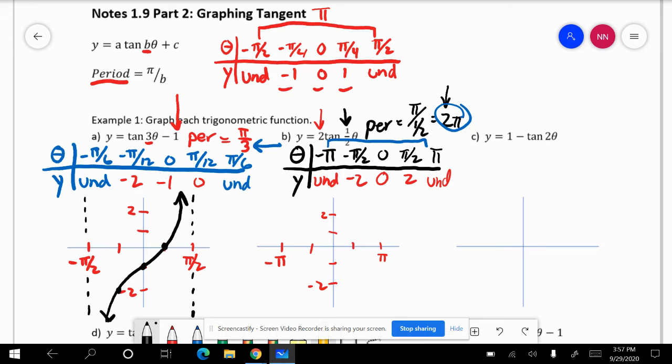We're going to remember to put our vertical asymptotes. And we're going to plot our points.